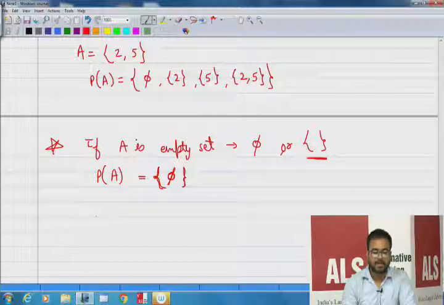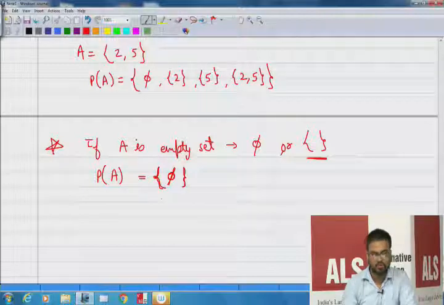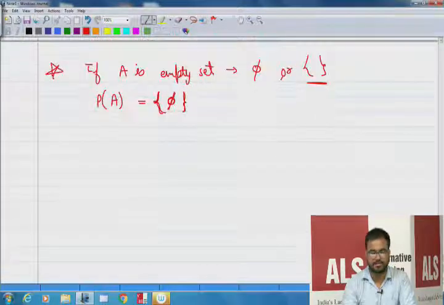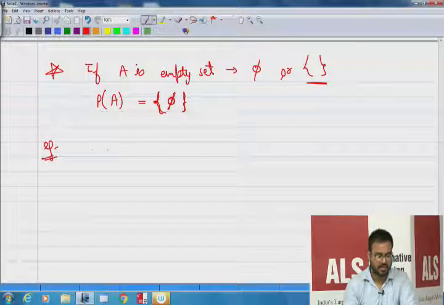Similarly, if I write the power set of A, you can take one question that would be helpful in understanding the situation.